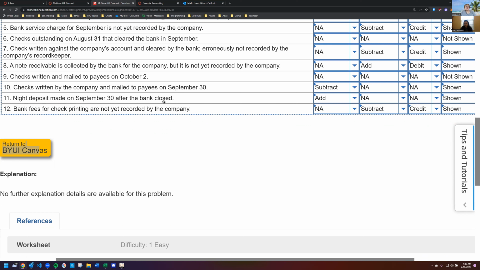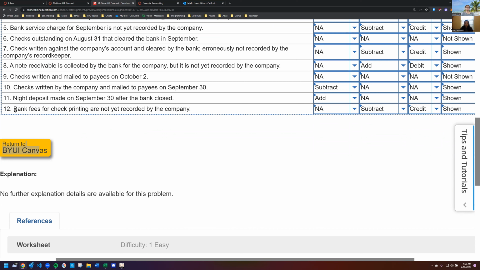You went to deposit it, the bank's closed, so when they do the bank statement, that deposit is probably going to show up on October 1st or October 2nd, whenever the bank opens, and the deposit is actually recorded on the bank side. So the book side is fine, right? Because you've recorded it, it's all good. The bank side needs to be adjusted as a deposit in transit, or as an add to the bank balance, right? So add, NA, shown. Good.